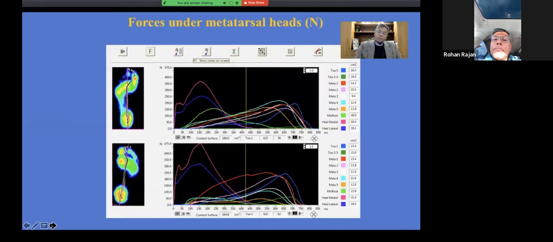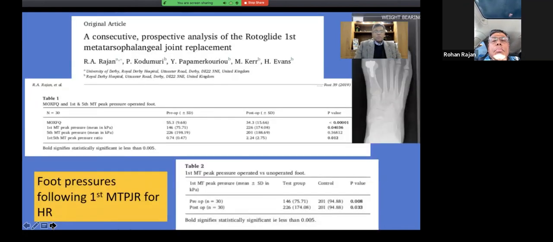This is an example where we could show that we can measure individual pressures under individual metatarsal heads and also at the heel, which we used to publish a paper to look at the transference of pressures from the lateral column during hallux rigidus in an antalgic gait towards the medial column following first MTPJ replacement.